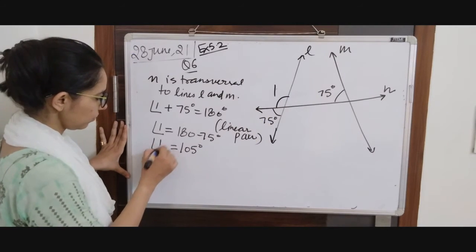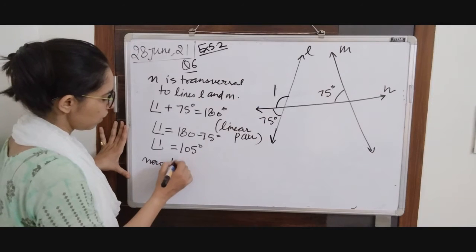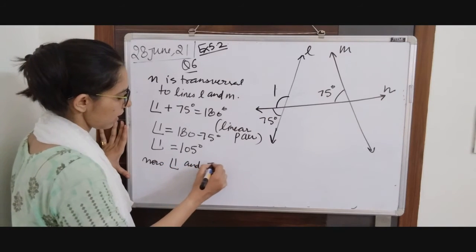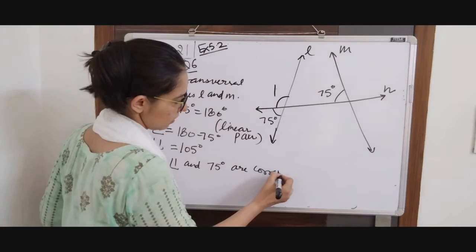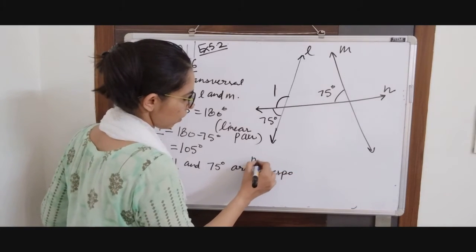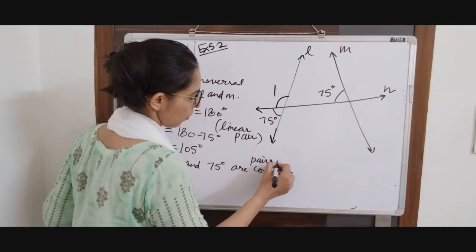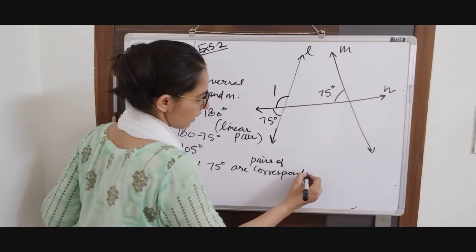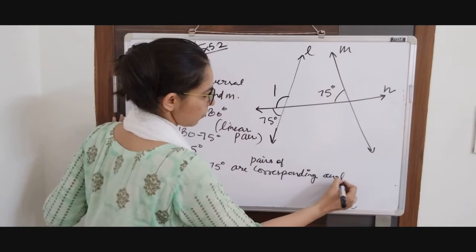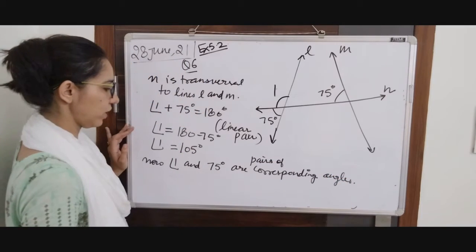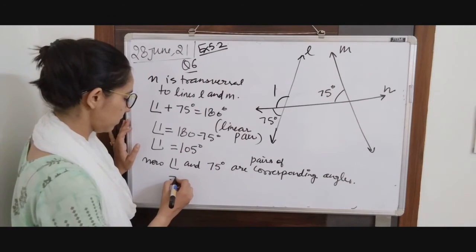Now angle 1 and 75 degrees are a pair of corresponding angles. They are not the only corresponding angles, we have 3 other pairs also.